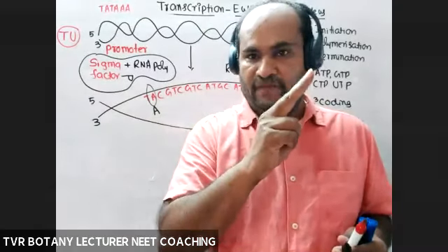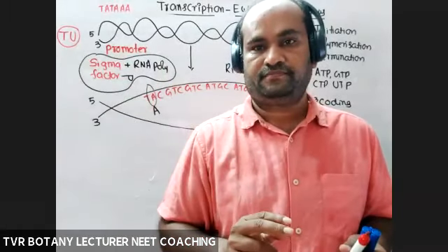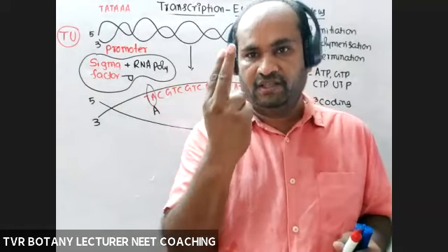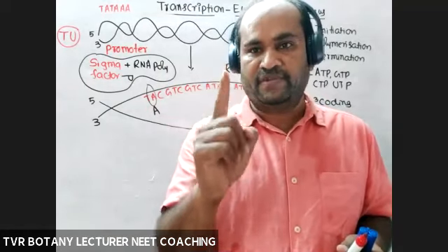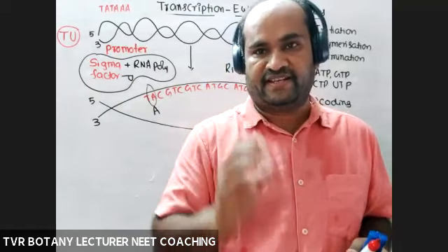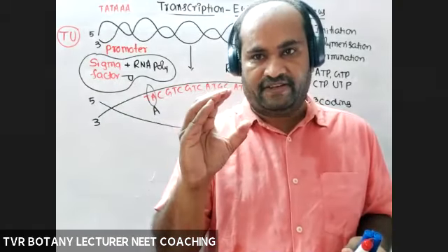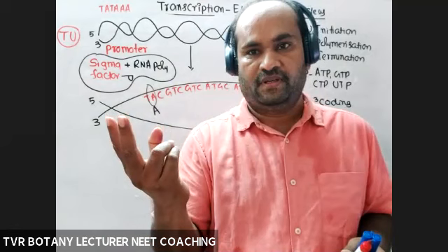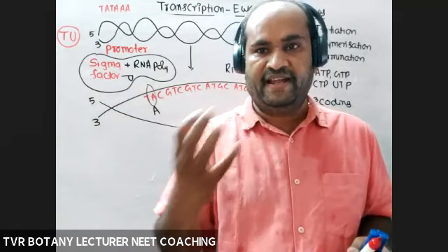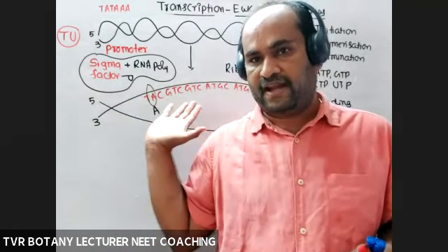If 2 terminal phosphates are removed, they are able to provide 2 things. One, substrate nucleotides plus energy. Here also, the role of nucleoside triphosphates is a dual role, providing substrate and energy required for transcription.